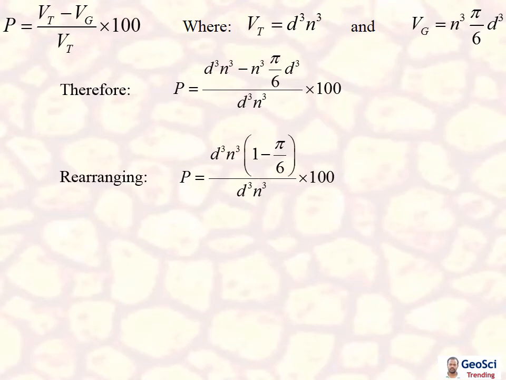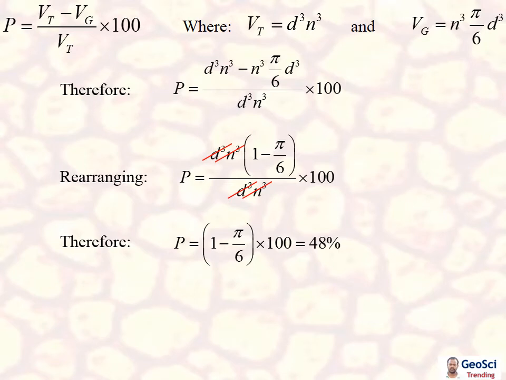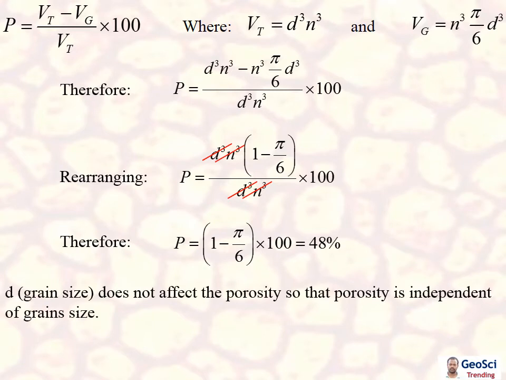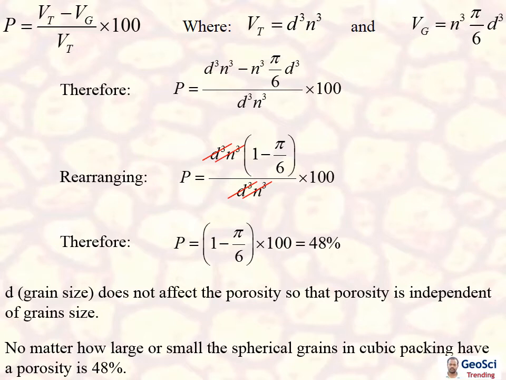Rearranging, now let's remove D cubed and N cubed. Therefore, P equal to within bracket 1 minus pi by 6, into 100, equal to 48%. Now the porosity of the rock is 48%. Size does not affect the porosity. Hence porosity is independent of grain size. No matter how large or small the spherical grains in cubic packing are, the porosity is 48%.